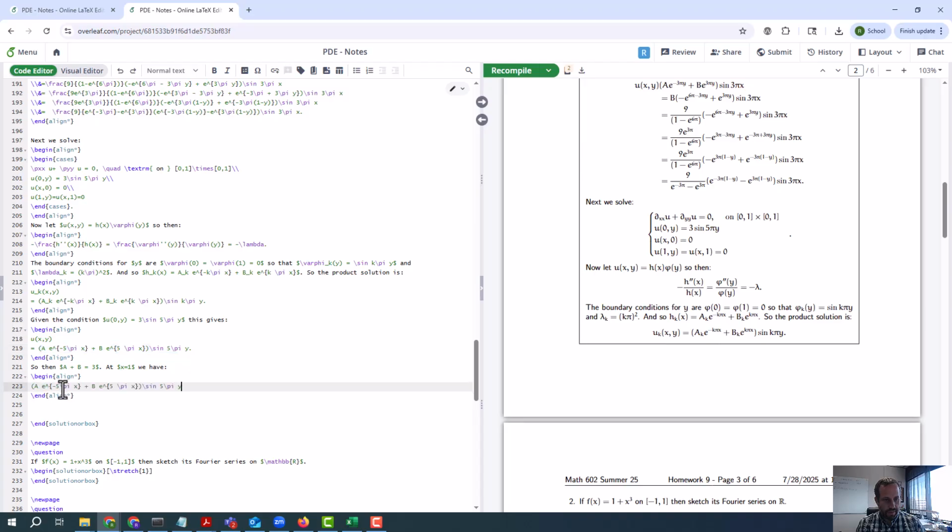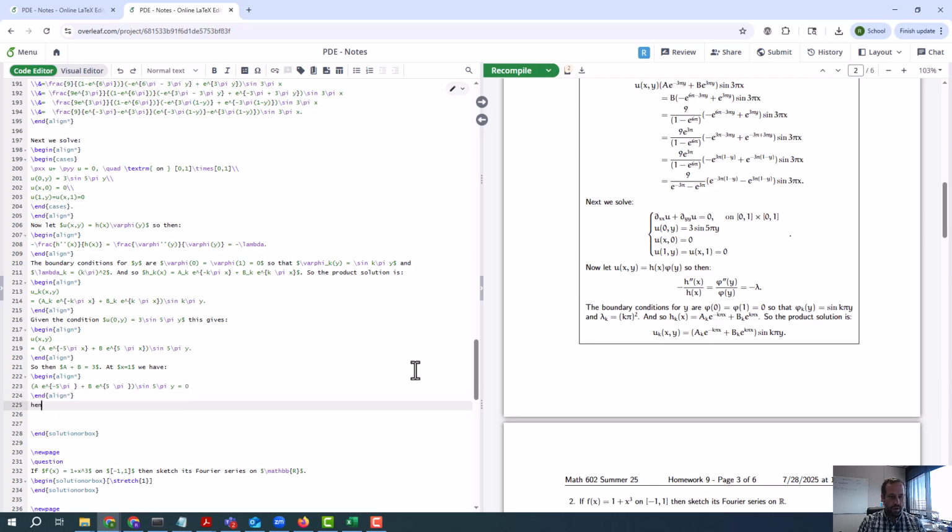So we've got this, and that goes away. That's 1, so this is equal to 0. Okay, now I'm going to do basically exactly like I did before. If I multiply both sides of this equation by e to the 5 pi, I'm going to get a is equal to minus b e to the 10 pi.